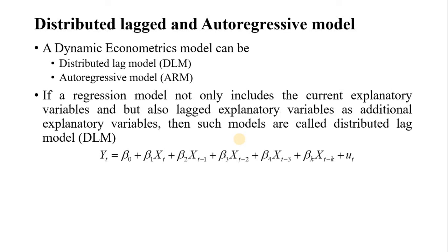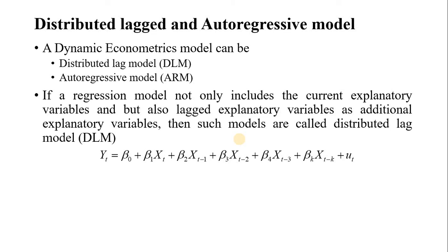Look at this equation: Yt = beta 0 + beta 1 Xt + beta 2 Xt-1. Here we are including the lagged values of the independent variable as an additional explanatory variable, so this model is known as a distributed lag model.